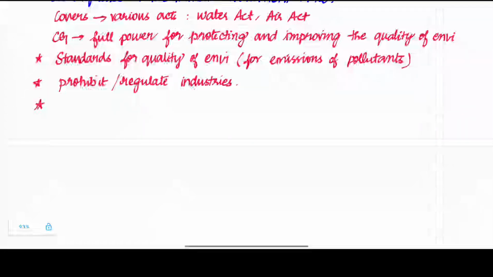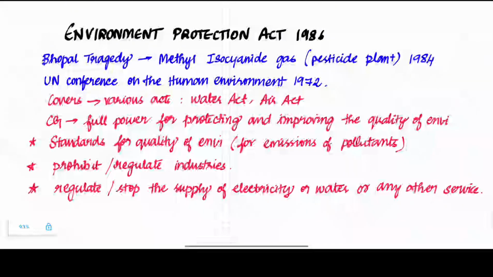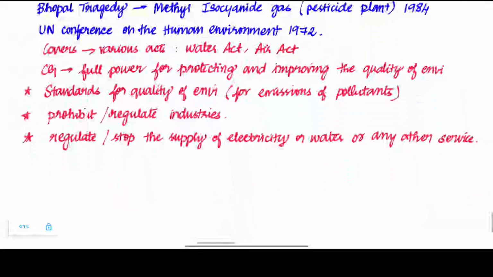The next thing is to regulate or stop the supply of electricity or water or any other service. So these are the most important points related to the Environment Protection Act 1986.